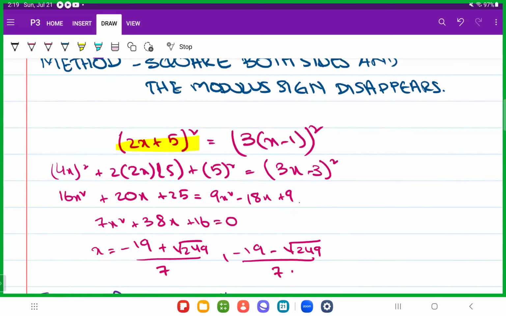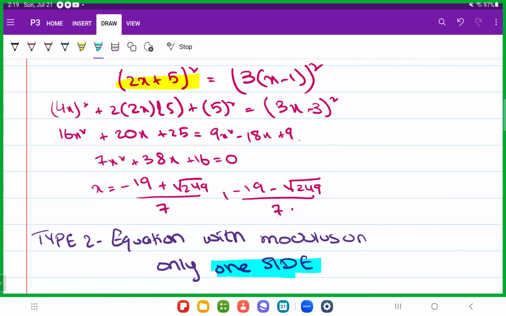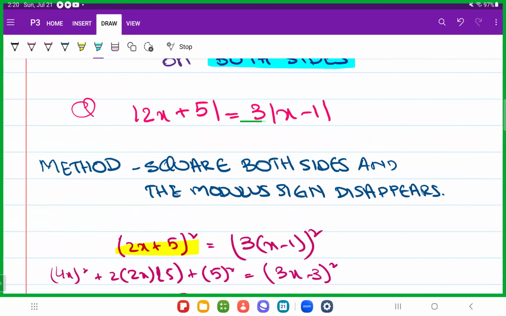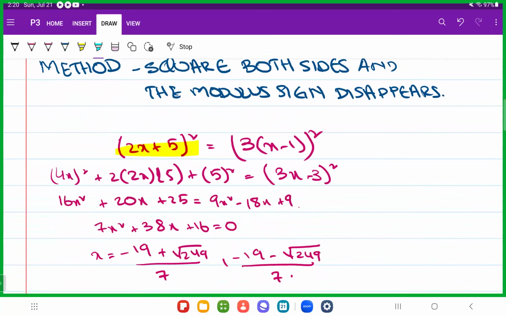So you simply open it with that quadratic formula, a square plus 2ab plus b square, or a square minus 2ab plus b square, and you simply solve for 2 values of x. So this is relevant when you have modulus on both sides, on the left hand side and the right hand side both.